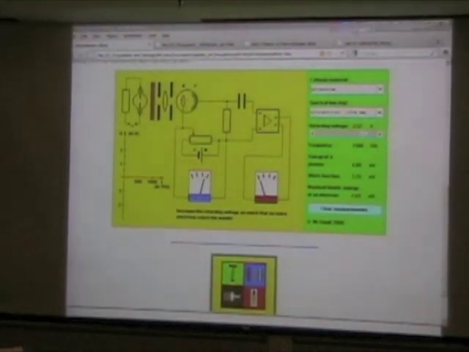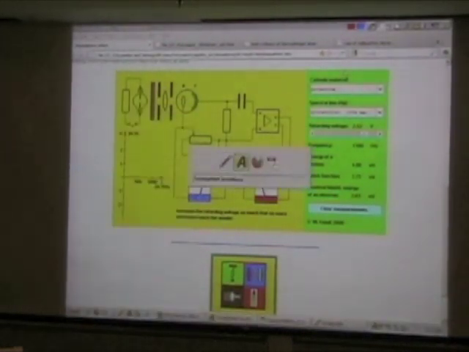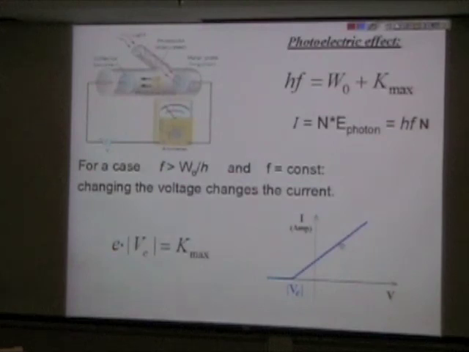We can calculate that stopping potential. We just need to apply the law of conservation of energy. When does it happen? It happens when even the most energetic electron gives away completely its energy to the electric field. So the work done by the electric field is supposed to be equal to the maximum kinetic energy of the electrons.